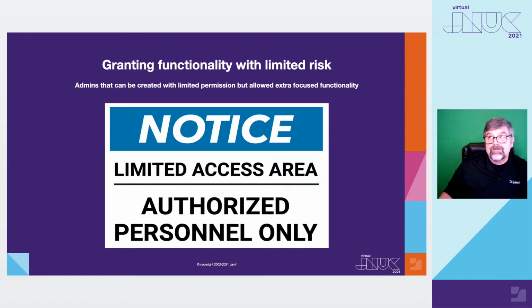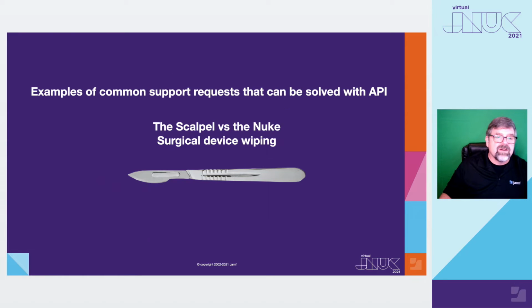Why would we want to do this? Cuts down on the risk of damage, unnecessary information deletes, and large-scale problems. Plus, it focuses the staff on the tasks that they need to take care of. One of my friends basically identifies the API as a scalpel versus the JNUC.